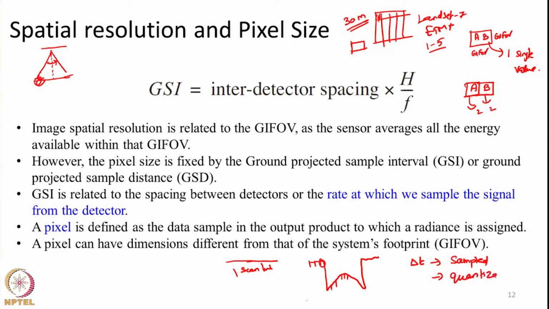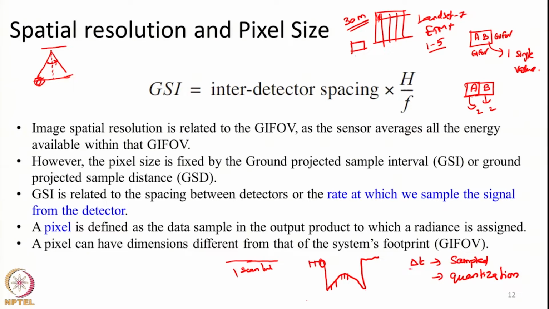This we already saw in the previous classes when we discussed the image acquisition and image formation process. So this continuous stream of incoming energy will be sampled at a certain time interval delta t and that value alone will be sent to the electronics for quantization and saving as an image.